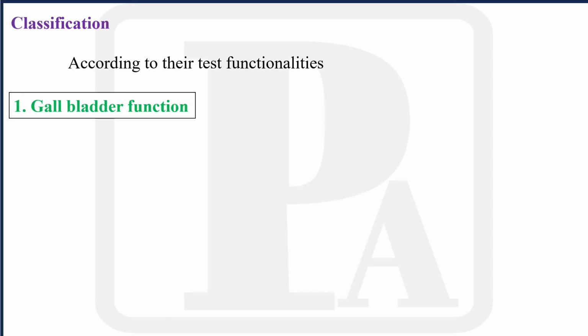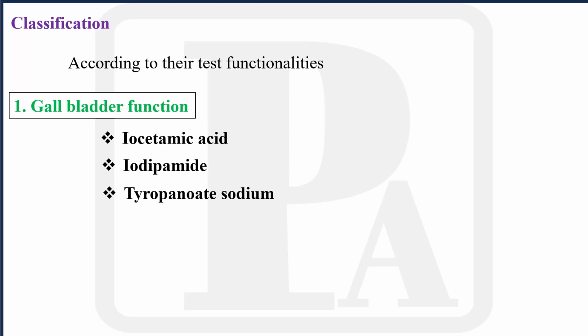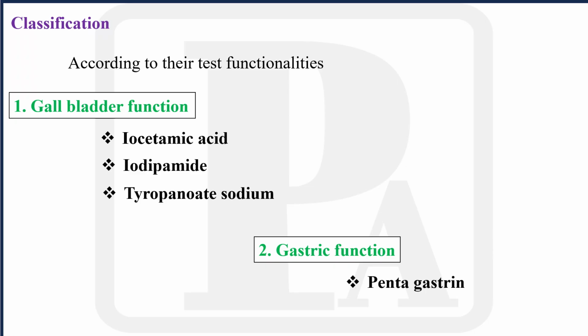So the first one is gallbladder function. The examples are iositamic acid, iodipamide and thyropanagate sodium. The second type is gastric function. Examples are pentagastrin and Congo red. Then the third one is liver function.